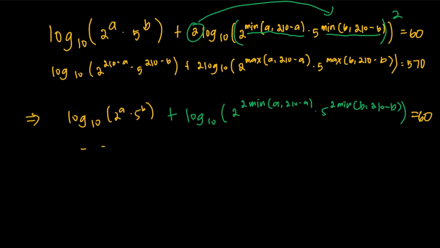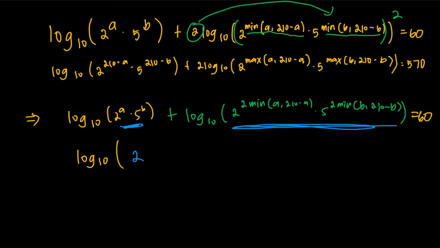Now, I'll combine these two logarithms. They both have base 10. So I'll have the logarithm in base 10 of the product of these two numbers, 2 raised to a times 5 raised to b, and then this number here. Because both of them have 2's and 5's in the prime factorization, I could add the exponents. Again, laws of exponents.